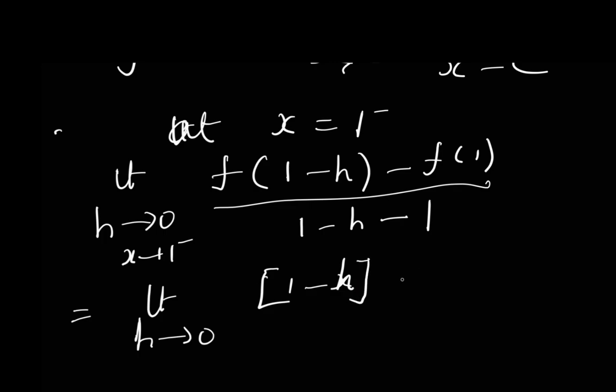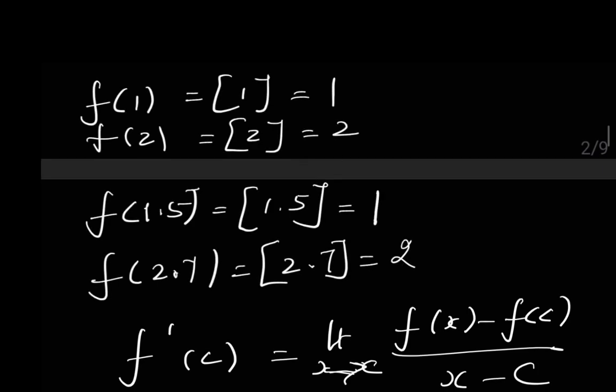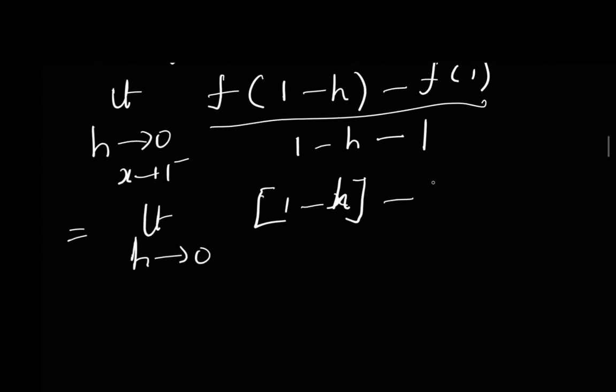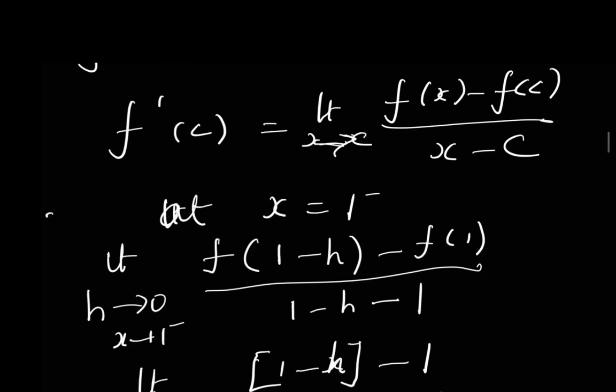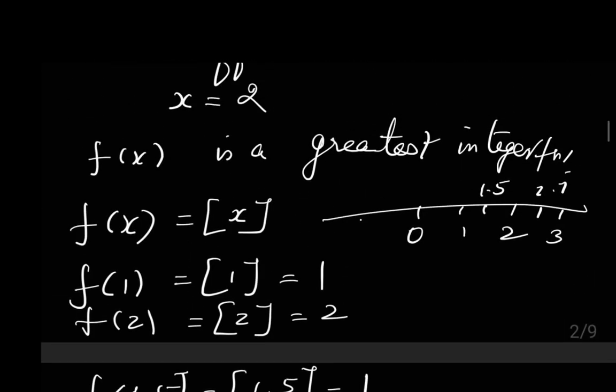And f of 1, we see that the greatest value is 1, divided by minus h. So see, what is the greatest integer of 1 minus h? Here 1 minus h is actually less than 1.